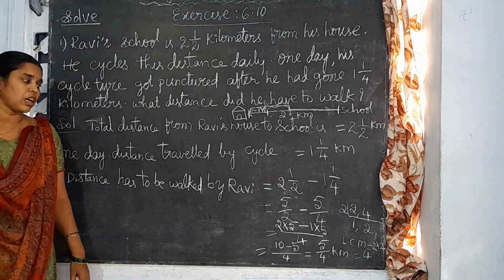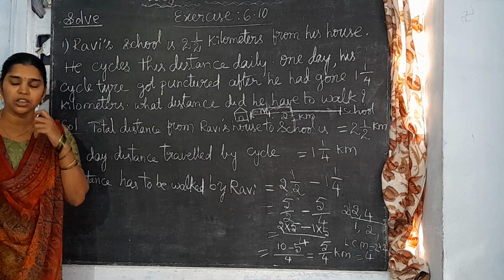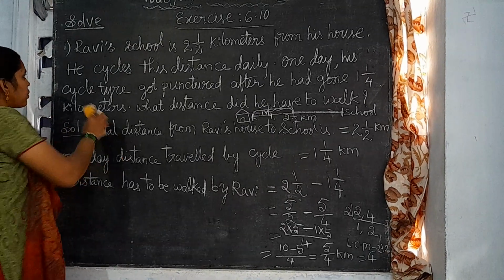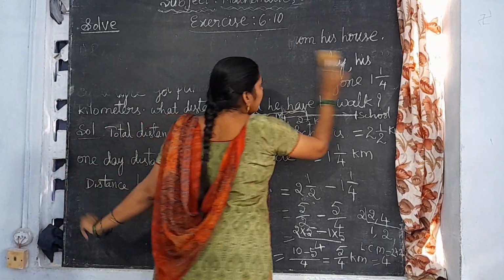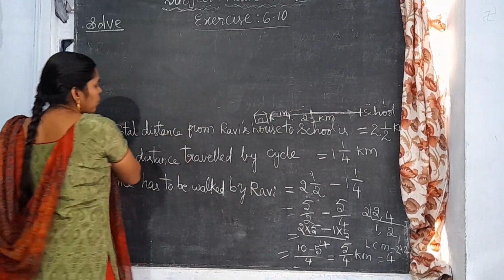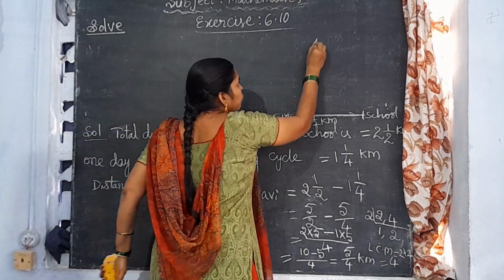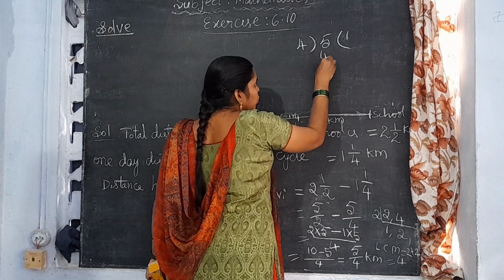5 by 4 is an improper fraction. You should convert it into a mixed fraction. How to convert, we will see now. Numerator you should divide by denominator. Right? So 5 you should divide by 4. 4 ones are 4.